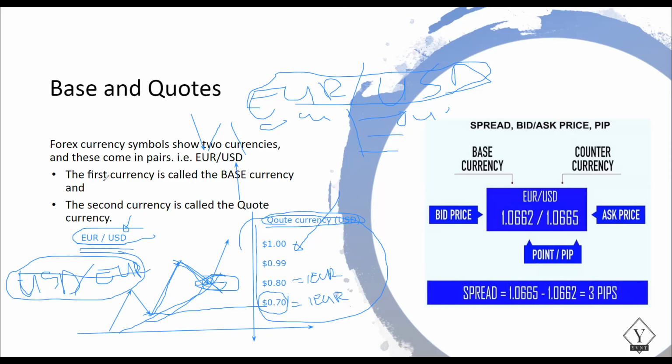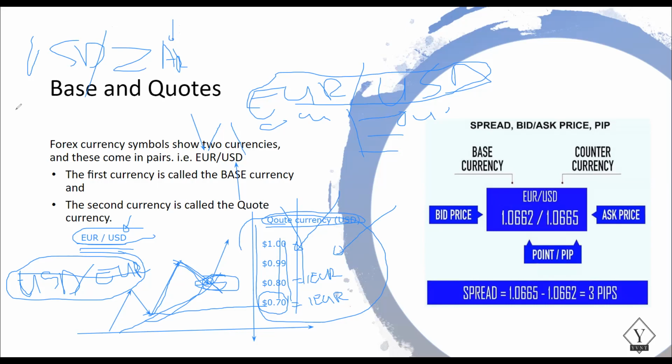So the one on the left is the base, the one on the right is the code, right? When you open your chart, whatever you're going to be seeing on the right is going to be the code price. So if you're going to be trading Euro USD and then you open your chart, the price on the right hand side is the code price, which is going to be in dollars. If you're going to be trading USD ZAR, that means on your right here, the code price is going to be in rands because the rand is the code currency, right?